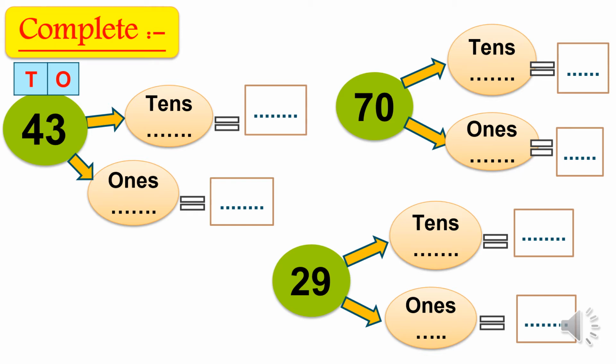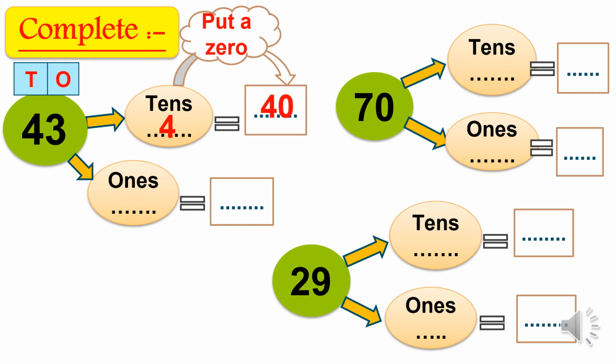Which number here will I put in tens? 3 in tens? No, 4 in tens. I want to get the value of 4 tens. We said before, in tens we put a 0. So its value equals 40.